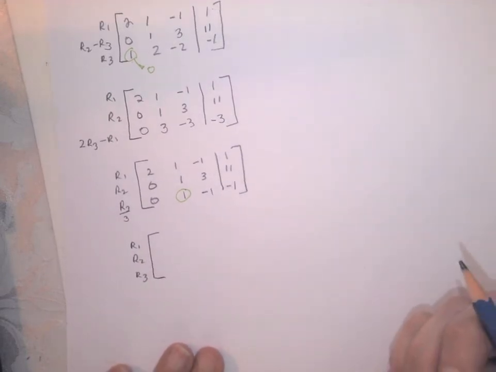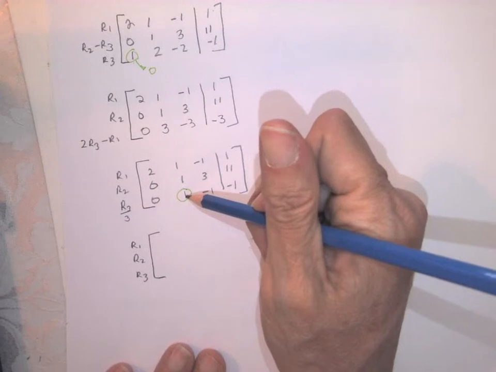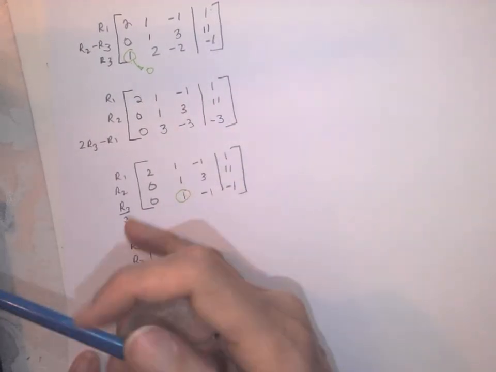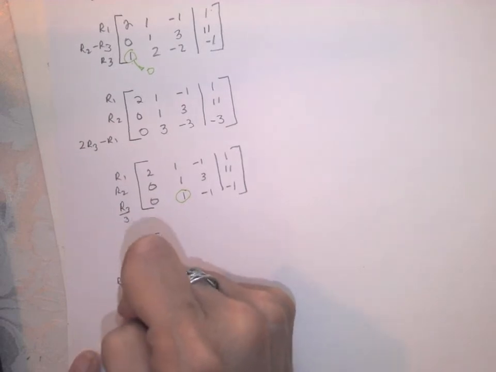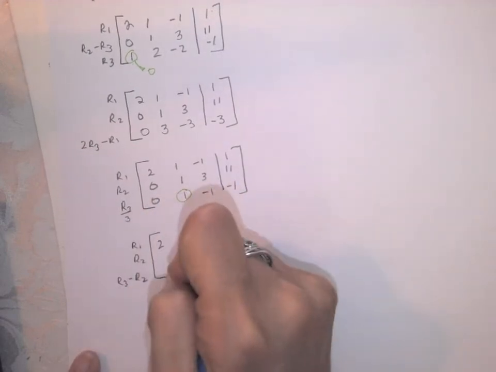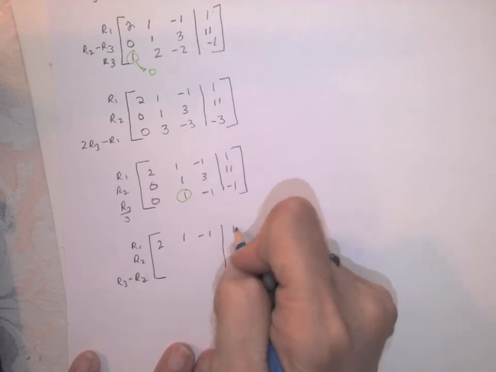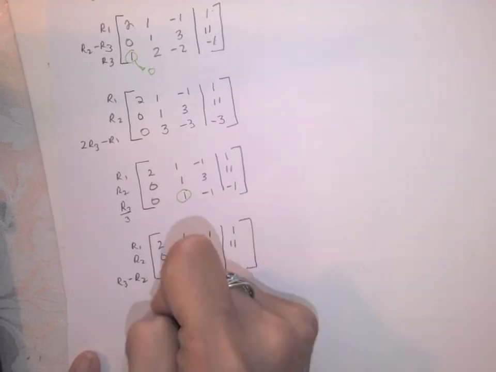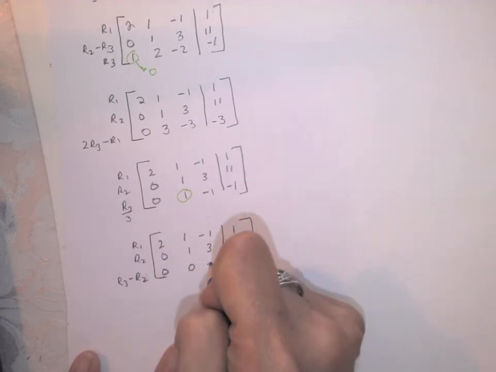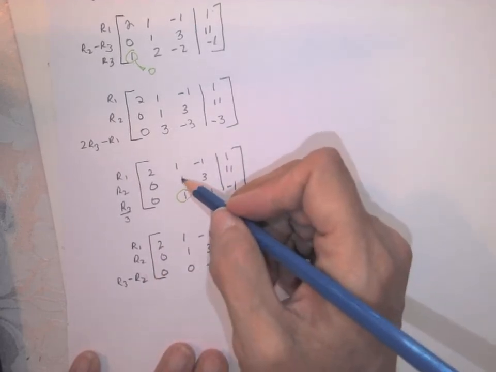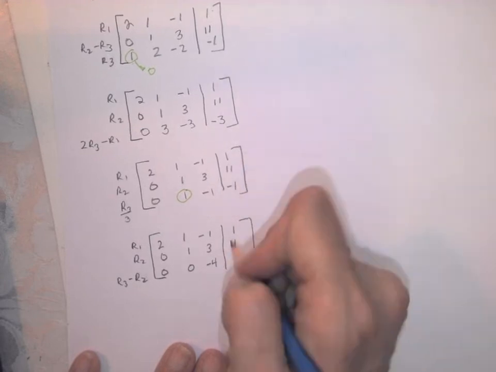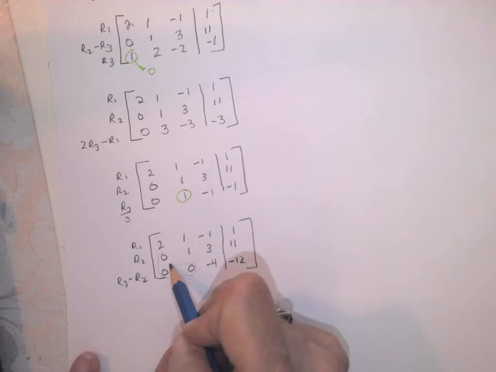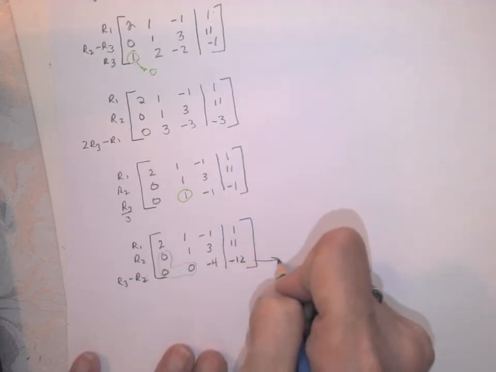To get our 0 here, we're going to do row 3 minus row 2. So 1 minus 1, negative 1 minus 3, negative 1 minus 11 is negative 12. And now we've got our L shape of zeros, and we can read the matrix from bottom to top.